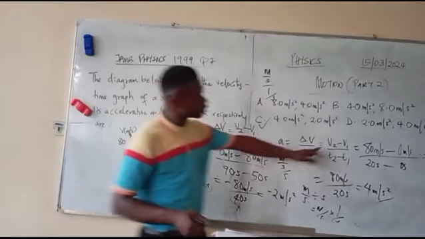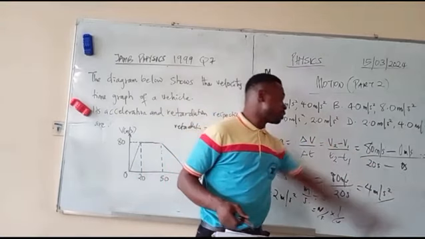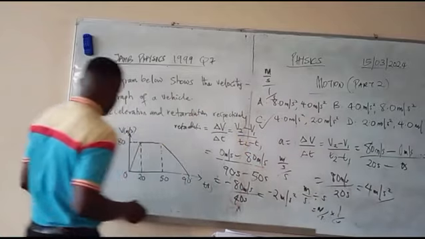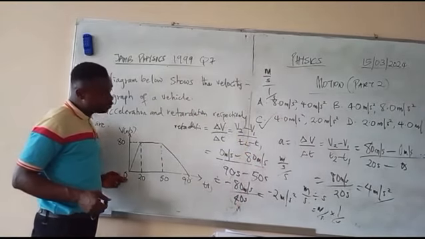That's why V2 is 80 meters per second, and the initial velocity V1 is 0 meters per second. The time before it starts accelerating, T1, is 0.